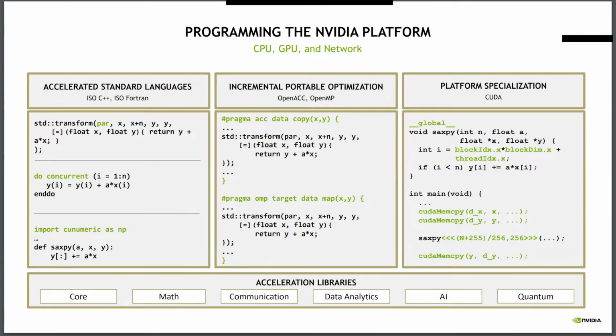And then even the function call, you can see this triple angle-bracket syntax, which we've seen a couple of times today, which indicates the number of threads and how to organize those threads as you're throwing them at the GPU problem. Again, you don't need to know the details, but you should know that we have some semblance of a GPU-centric hardware model. We're doing things explicitly, and we have to control our data movement and our compute. And then in the middle, you have these incremental portable optimization layers.